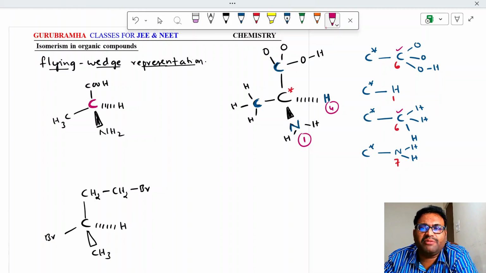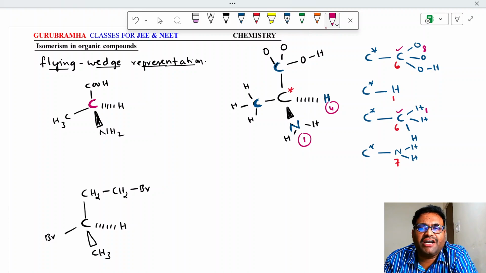If you see the next atoms in the COOH group, you have oxygen, atomic number 8. Here you have only hydrogen, atomic number 1. So the same rule is followed. What is the first rule? The first rule is that the more the atomic number, the more the priority.